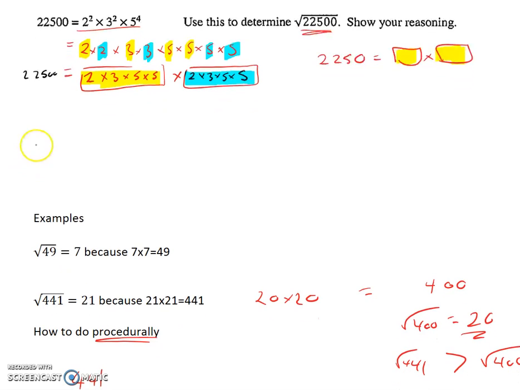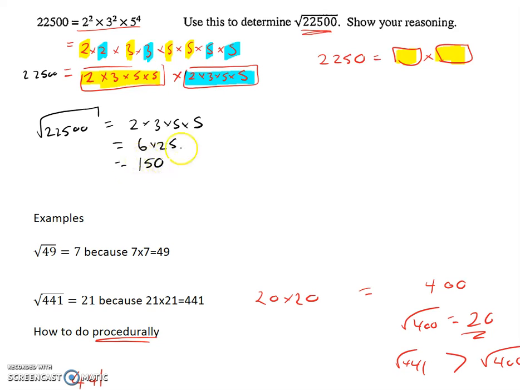So what does that mean? Well, it means that the square root of 22,500 is that amount, whatever that is, 2 times 3 times 5 times 5. So that's 6 times 25, which is 150, pretty sure.